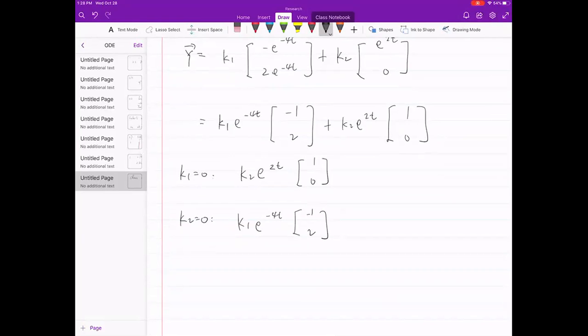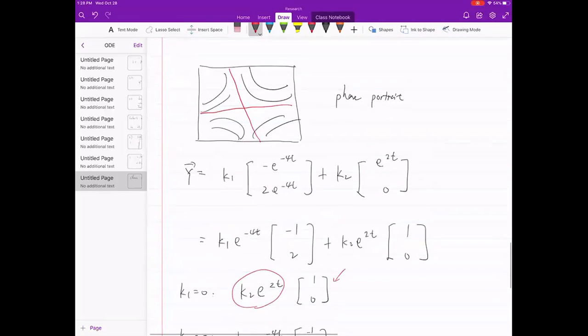And what's special about these two? Do you realize if you plug in different t, this part will change, but this part stays the same? What is that? That is a constant times a vector. What is a constant times a vector? That will be a multiple of the vector. Make sense here? That means this one stays on a straight line because it is basically a vector times different constants.